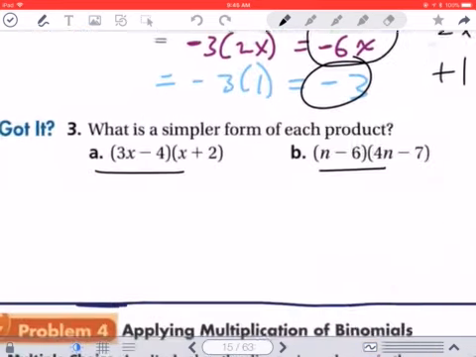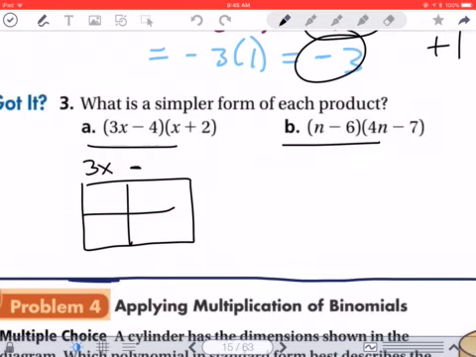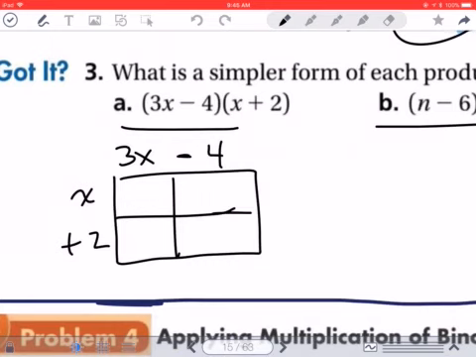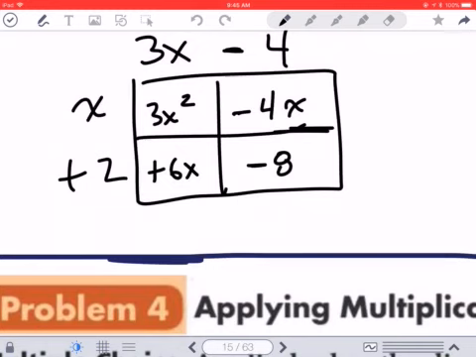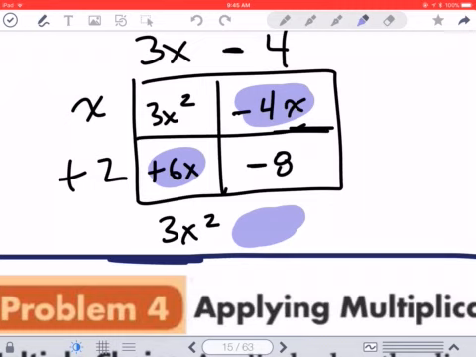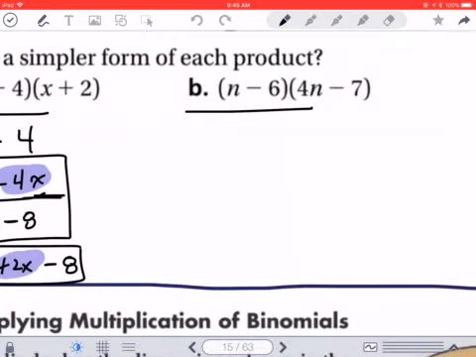All right, so I got 3x minus 4 times x plus 2. Make a box here. So 3x minus 4, x plus 2. And this is going to be 3x squared plus 6x minus 4x minus 8. When I simplify this, I've got like terms here. It's going to be 3x squared plus 2x minus 8. Next one over.